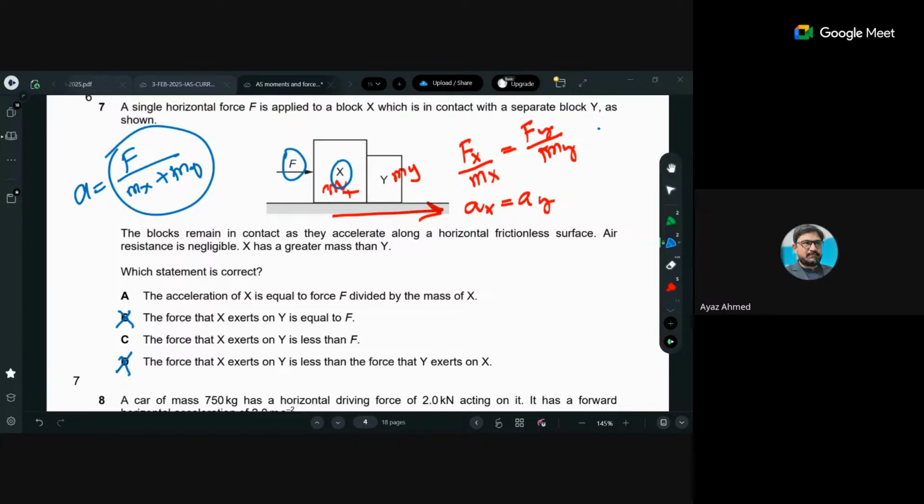Are you getting my point? If we are going to find the total acceleration of the system, it would be the total force divided by total mass, isn't it? So that is why it is incorrect. So this is the last option which is correct: the force x exerts on y is less than the force F. Is this clear to you?